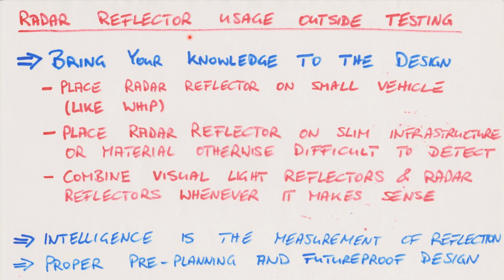And here again, it's also a question of thinking outside the box and future-proofing your design and your layout, how you bring the technology into your existing infrastructure. You can make your infrastructure more radar-proof and then need to worry less about the radar itself. It's like a two-sided approach.